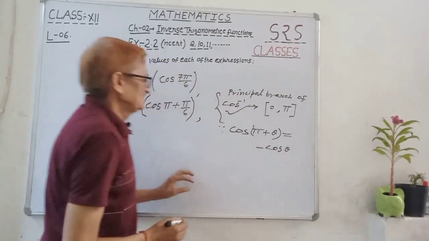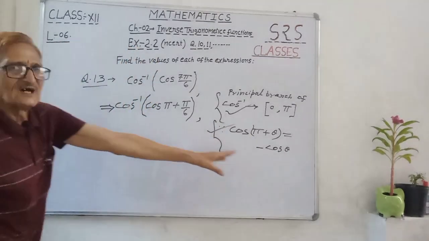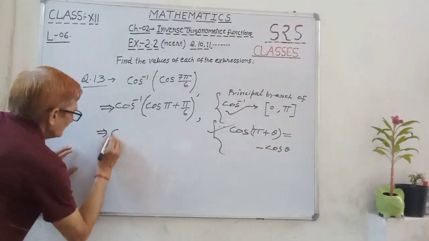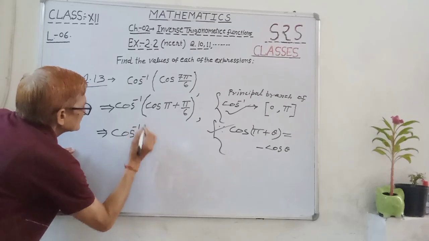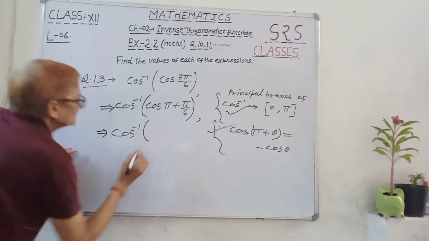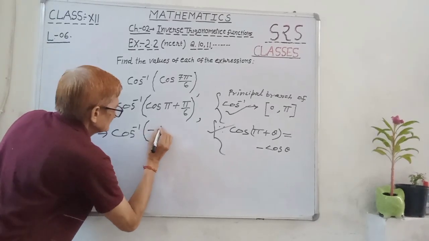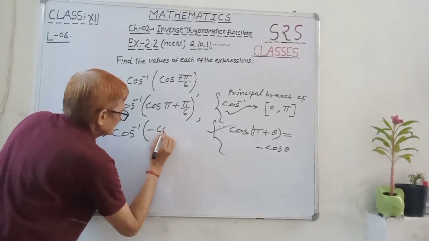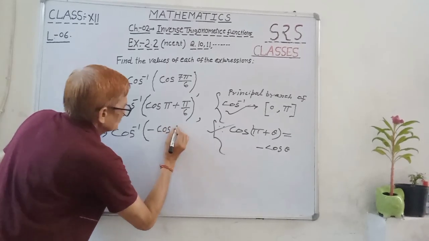Okay, this is the formula, use it here: cos pi plus theta is minus cos theta. So then it will be cos inverse of minus cos theta.